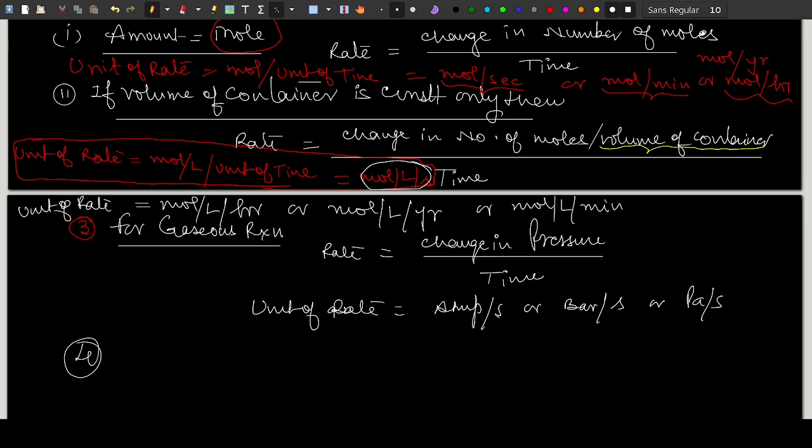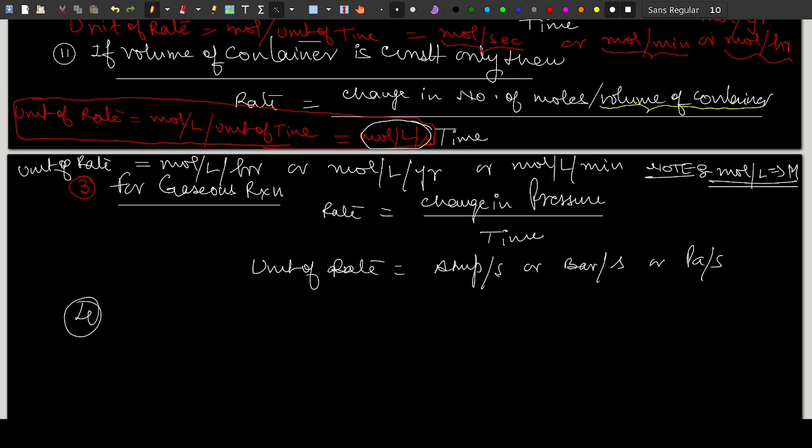We can express the volume in terms of the liter. Mole per liter is also expressed as M.